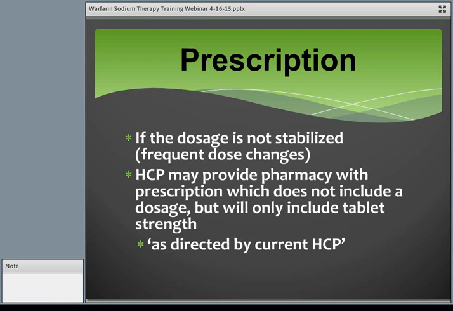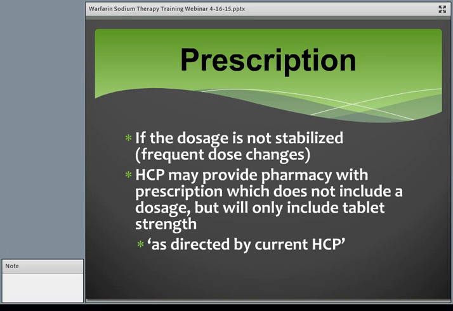When the dosage of warfarin sodium is not stabilized and there will be frequent dosage changes, it is acceptable for the healthcare provider to provide the pharmacy with a prescription that does not include a specific dosage amount. The label instructions would read as directed by HCP order.